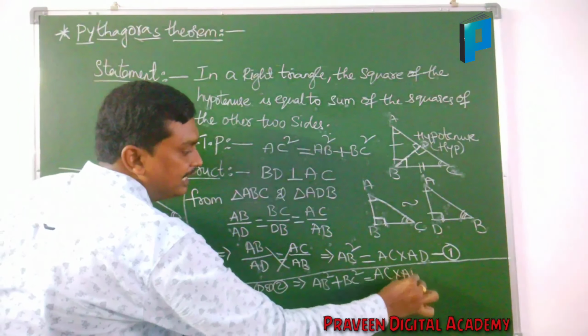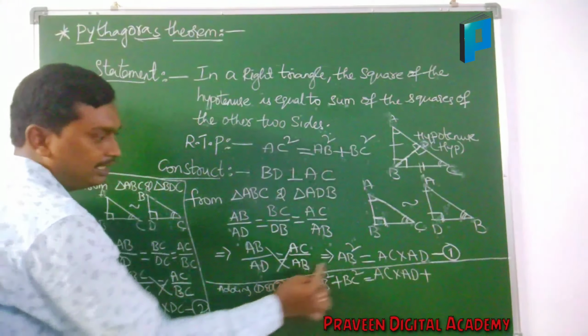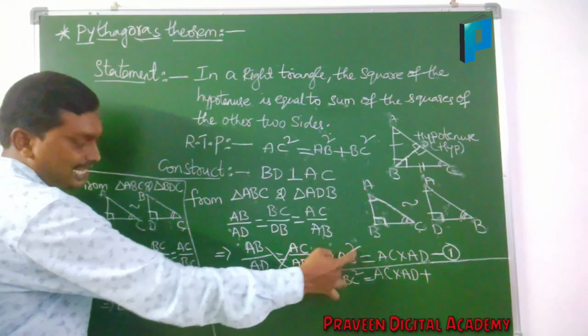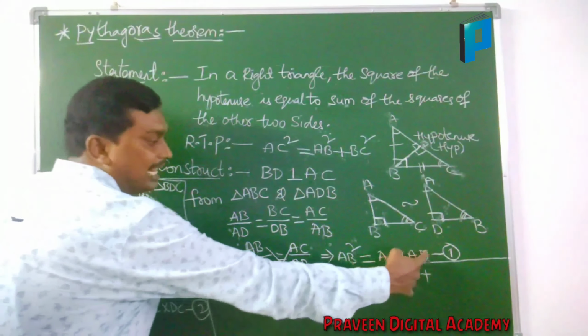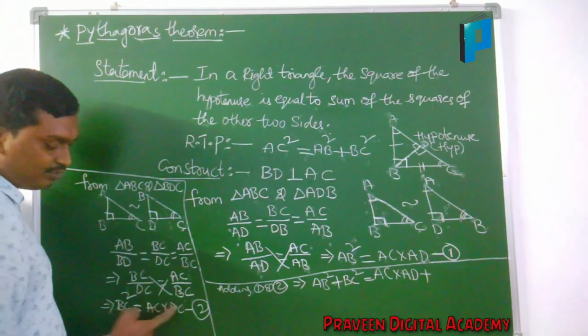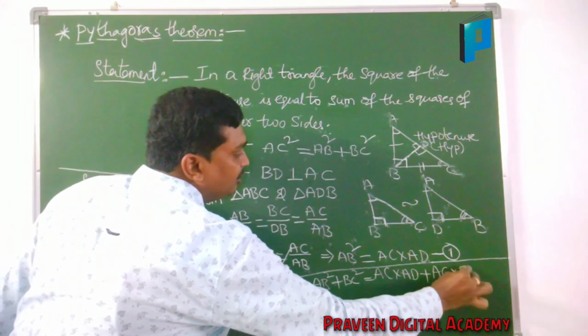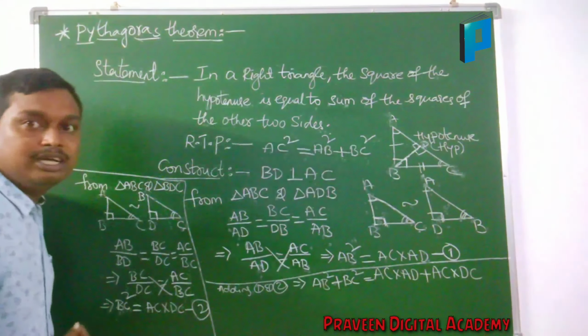AC into AD plus, LHS plus LHS, RHS plus RHS, what is there here? AC into DC we got here.